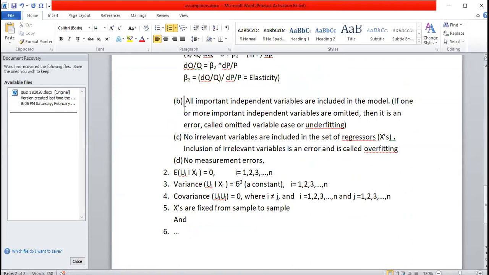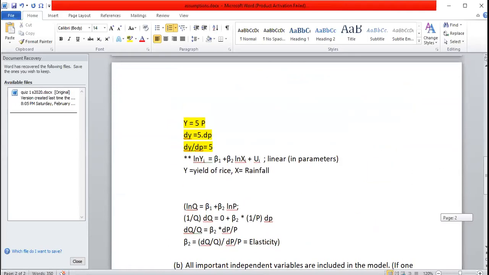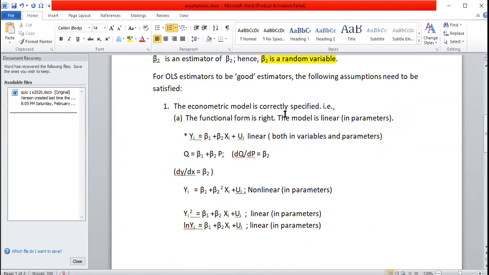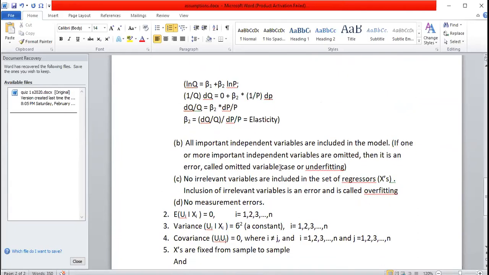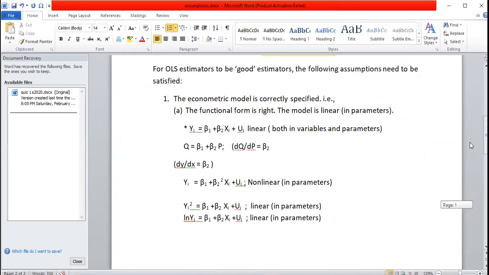B is another. When you say the model is correctly specified, that means all important independent variables are included in the model. As I said in the last class, if it's a demand model, quantity demanded is a function of price, but you also have to include consumers' income, because that's a very important factor in determining quantity demanded.